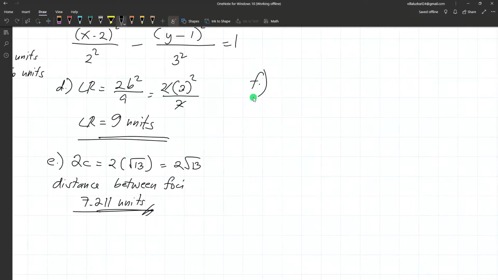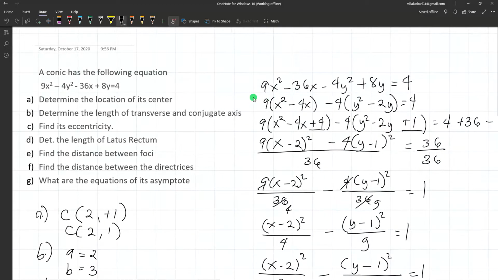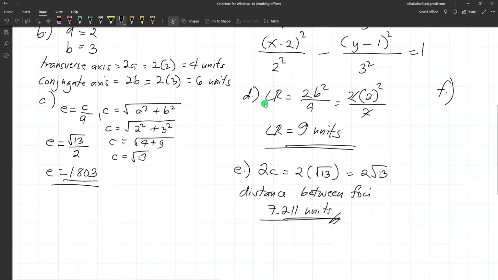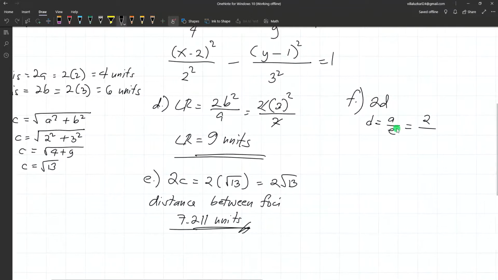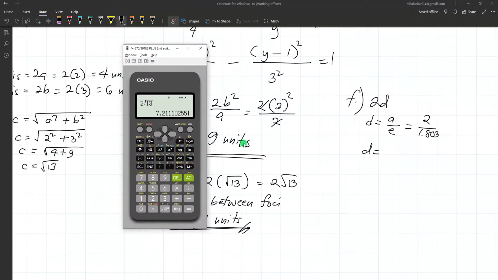Letter F is to find the distance between directrices. It's formula-based again. That's 2d, but we don't have the value yet for d, which is a over e. a is 2 and e is 1.803. d therefore equals 2 over 1.803, which is 1.109 units.